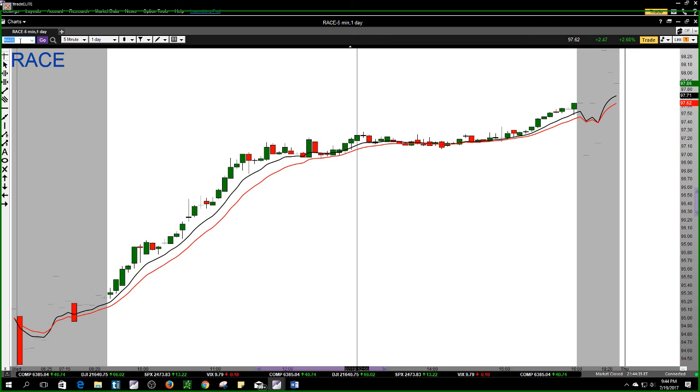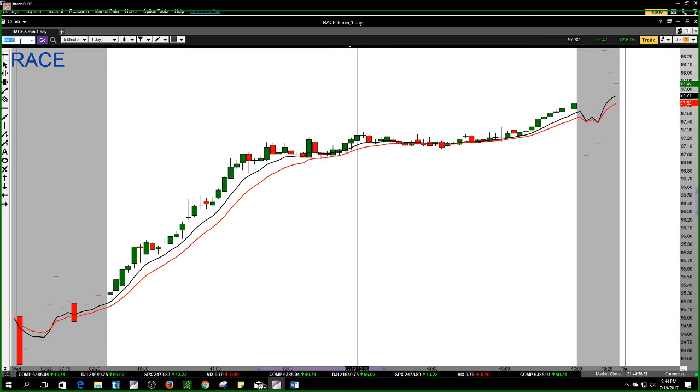We're not using indicators, no volume, no MACD, stochastics, RSIs, anything like that. No VWAPs, no what type of chart is it, what time of the day it is, nothing.